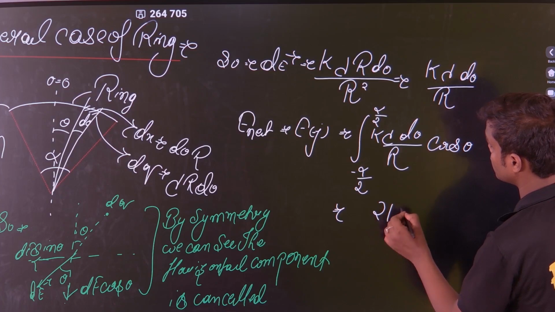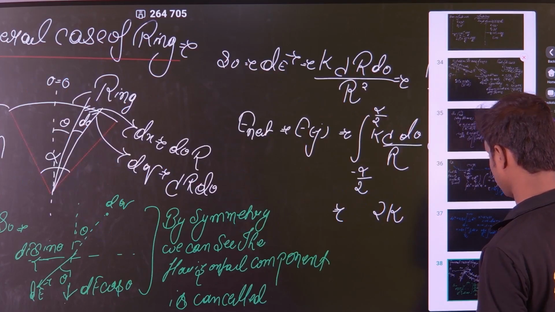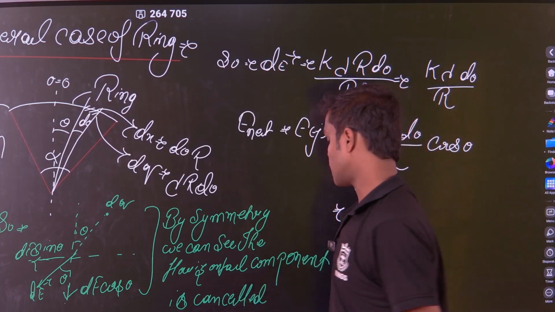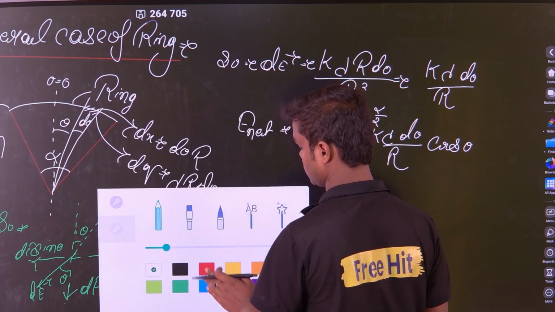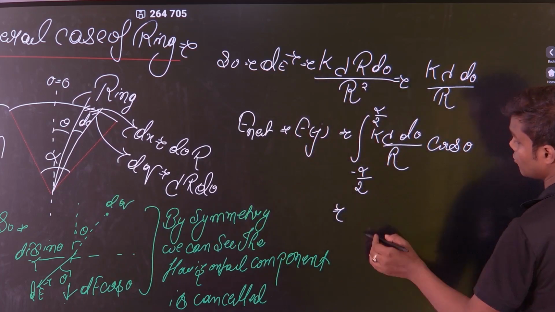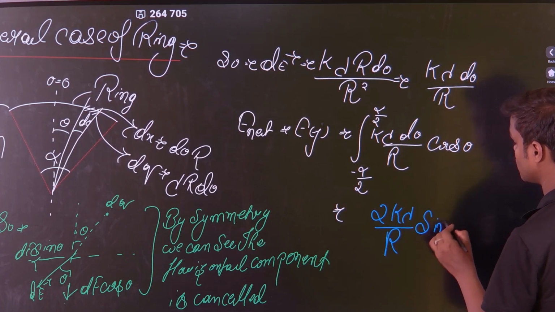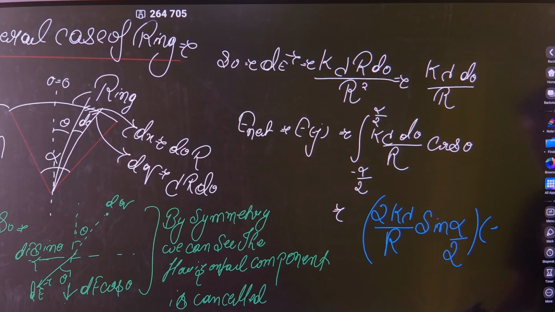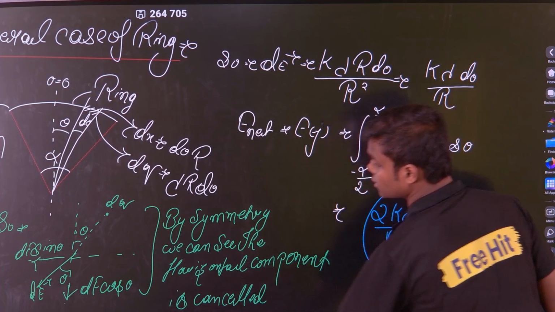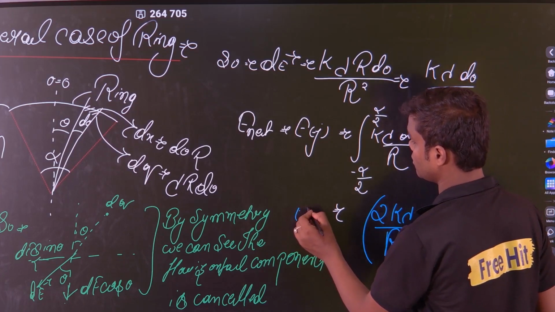So from here you will get 2K. If you calculate, you will get 2K lambda by r into sin alpha by 2. And the direction will be in minus j cap.